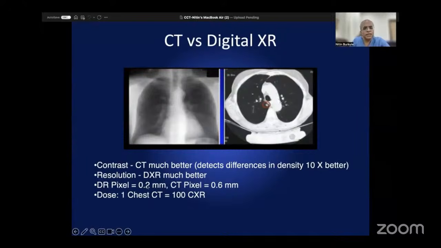Your pixel size will be like 0.2 millimeter in a digital X-ray, while it is 0.6 millimeter on a CT. So the better contrast resolution of CT obviously comes at a higher radiation dose.